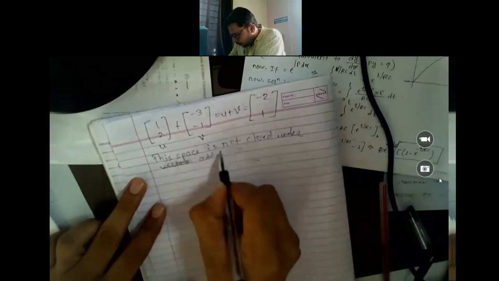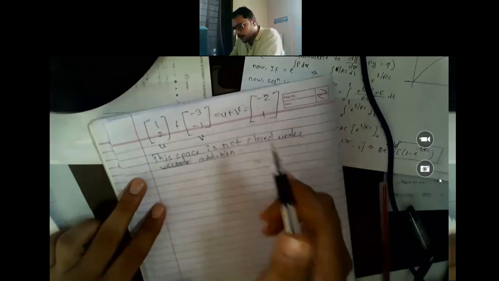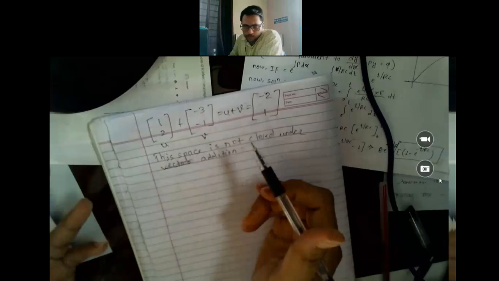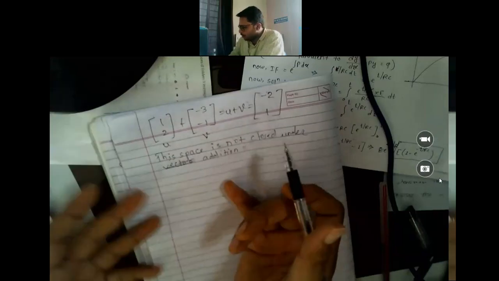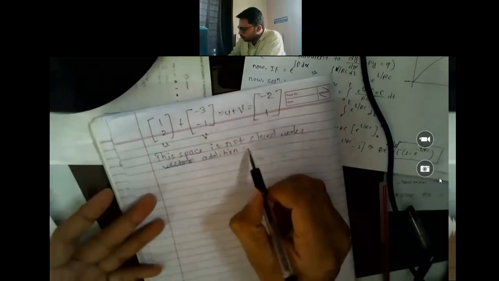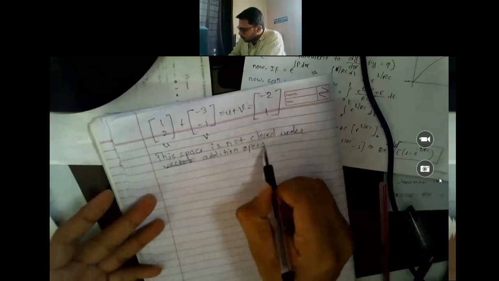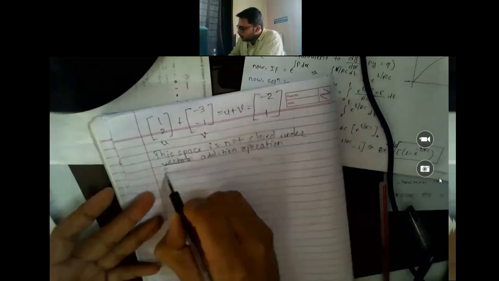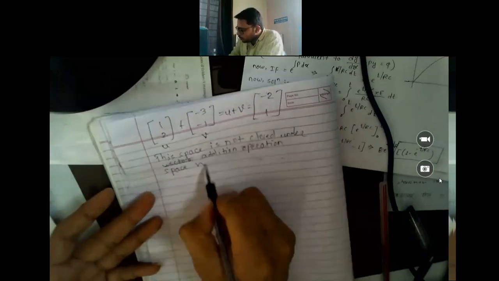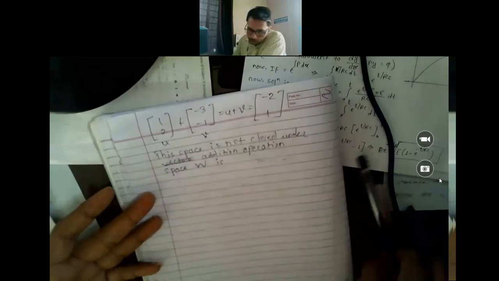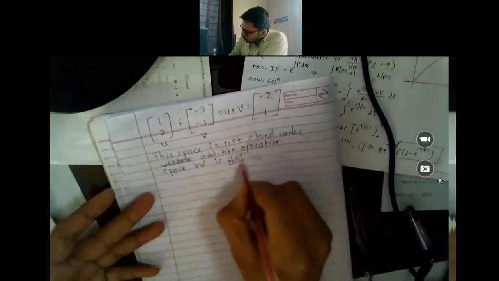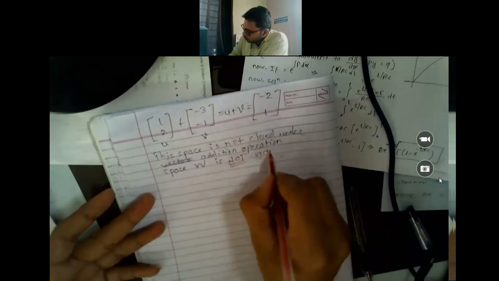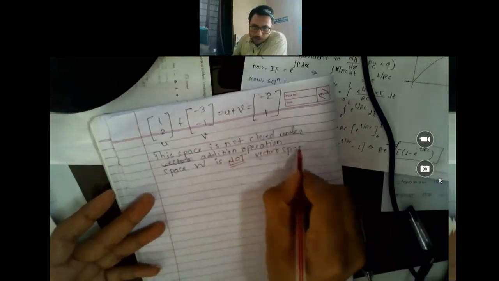Since these are matrices, and we can describe vectors by matrices, we can also say vectors. So it is not closed under the addition operation. We can say space W is not a vector space.